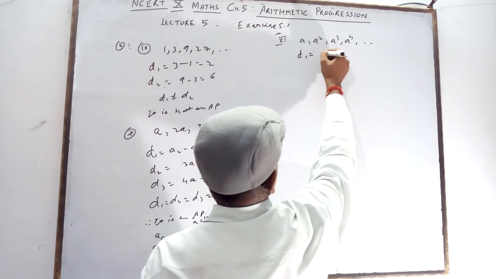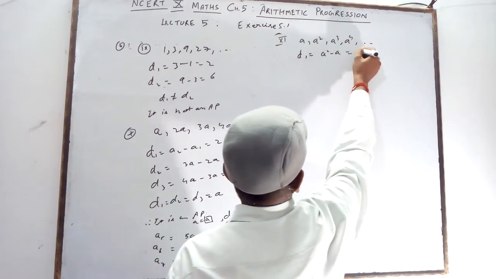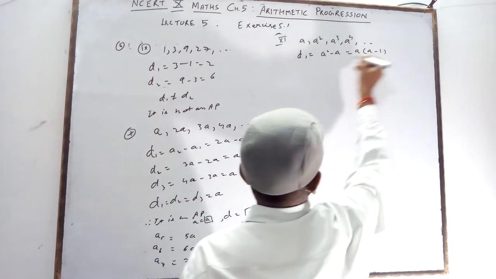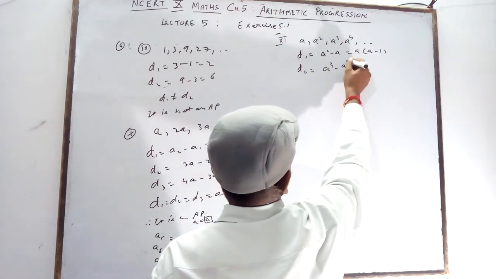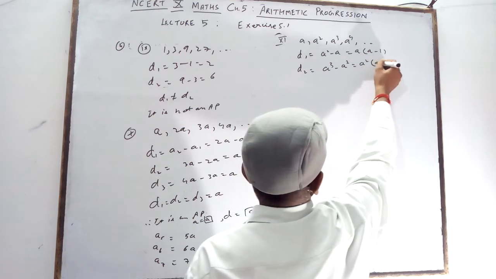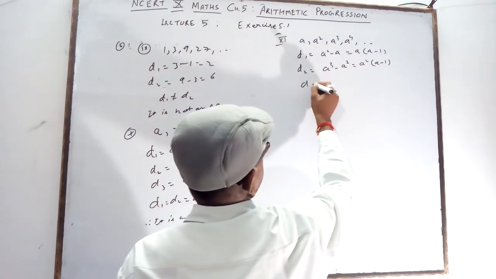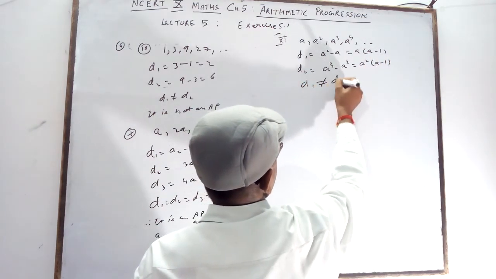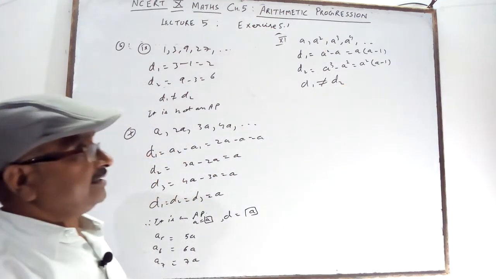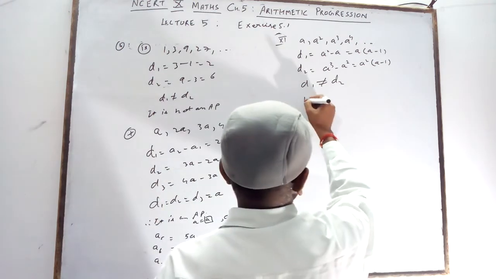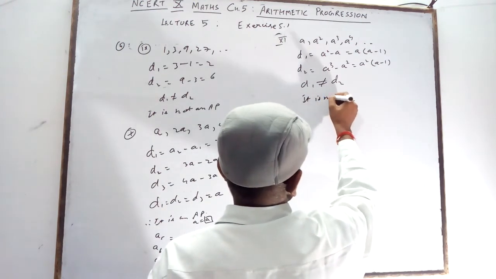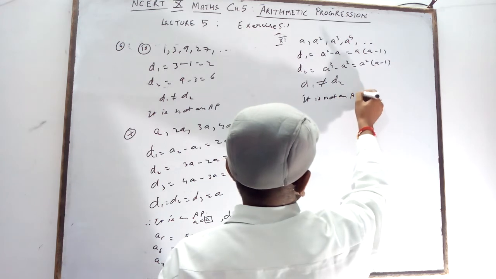D1 is equal to a square minus a, common a minus 1. D2 is equal to a cube minus a square, where a square is common, a minus 1. So D1 is not equal to D2, since a and a square are not equal. So it is not an AP.